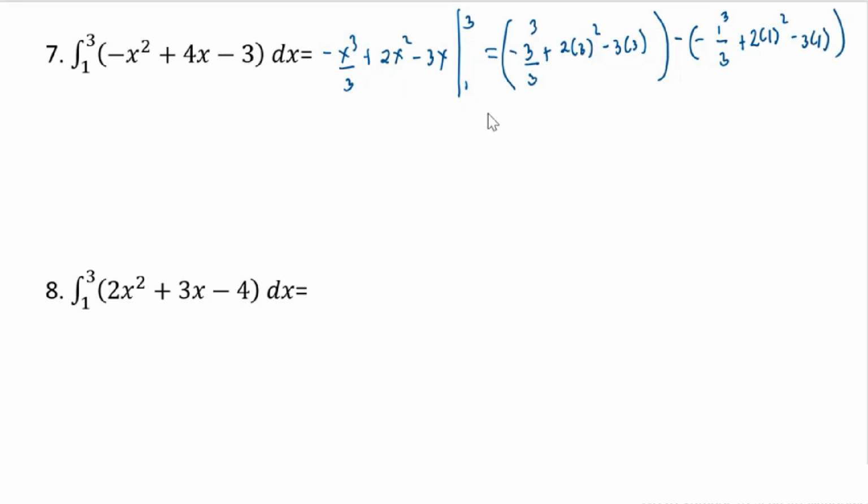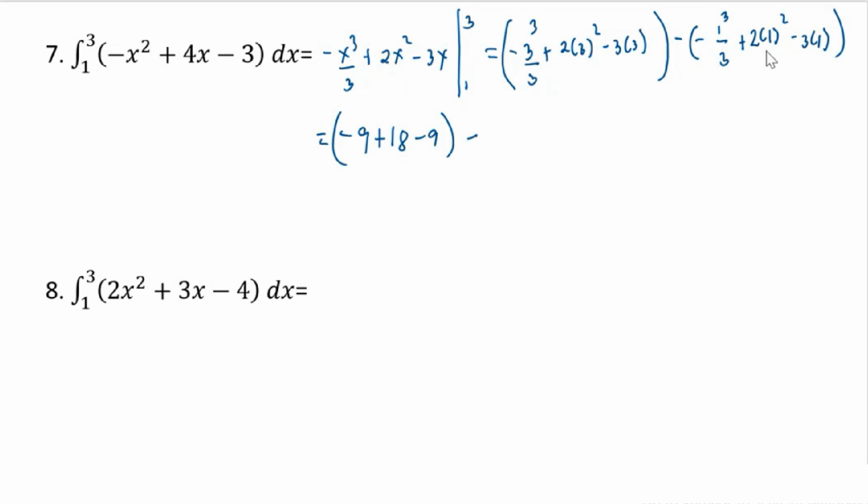So simplifying, 3 cubed is 27, divided by 3 is 9, and we have the negative sign, so this is now negative 9. And we have plus 3 squared is 9 times 2 is 18, so this is now positive 18. And negative 3 times 3 is negative 9. Okay, that is now the value of F(b).